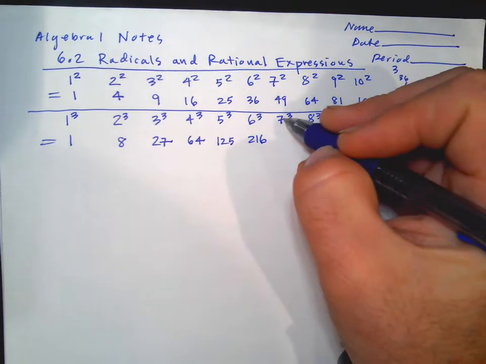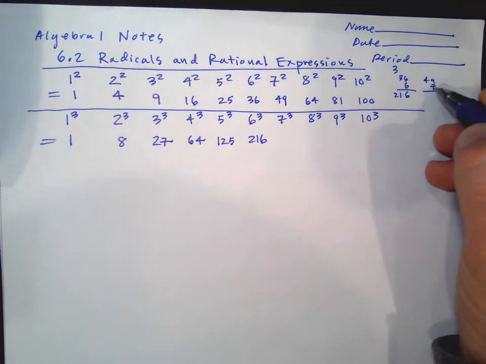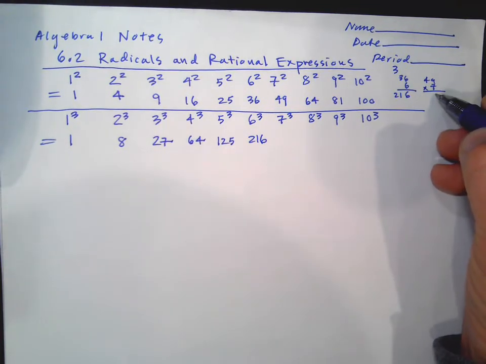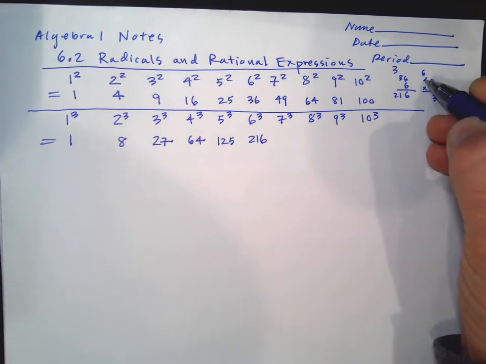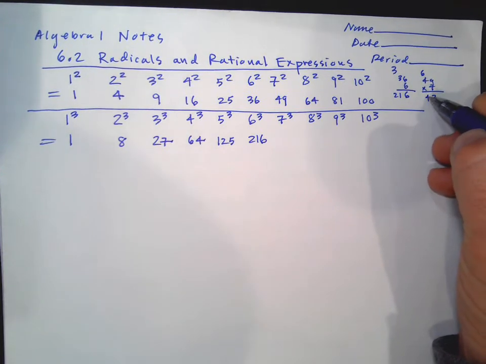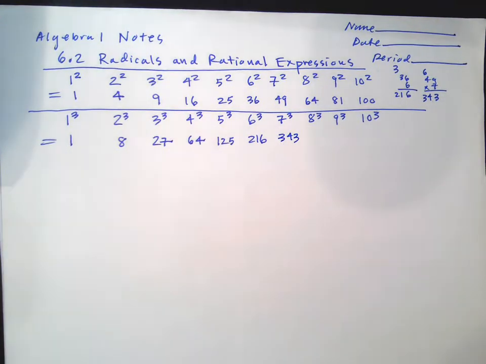7 cubed, well, that'd be 7 times 49. Let's see if I can do it. 7 times 9 is 63, carry the 6, 7 times 4 is 28, add 6 is 34, 343. Or we could do it on our calculator.